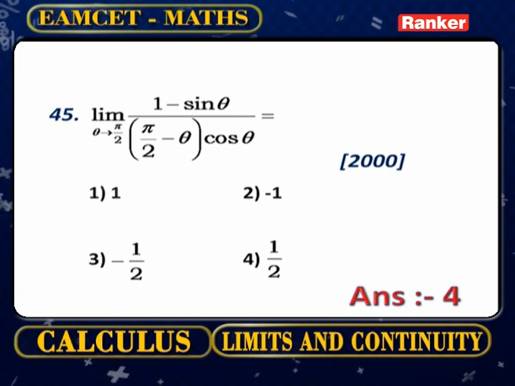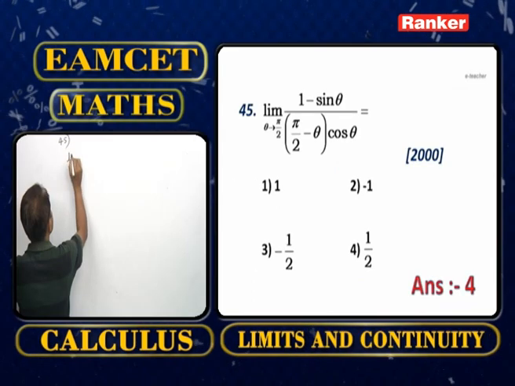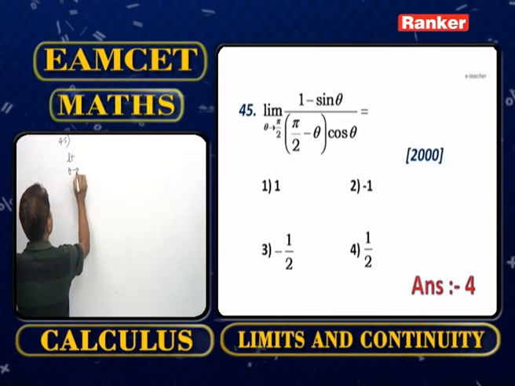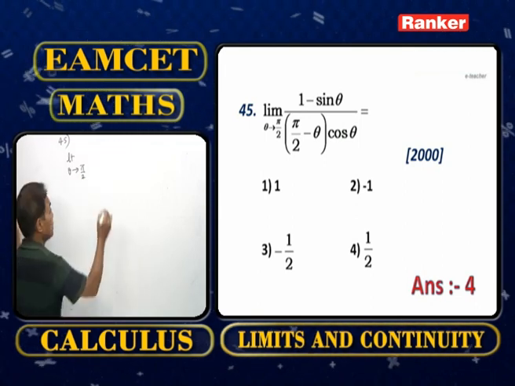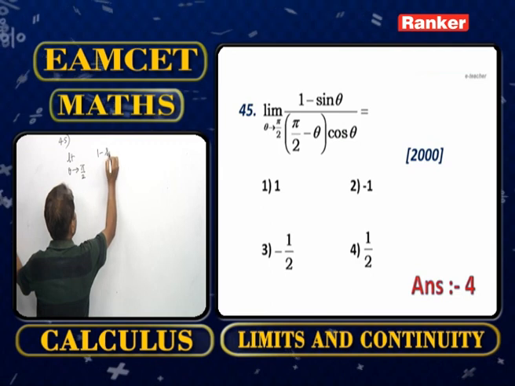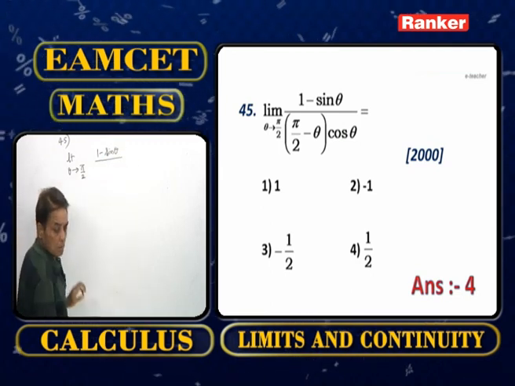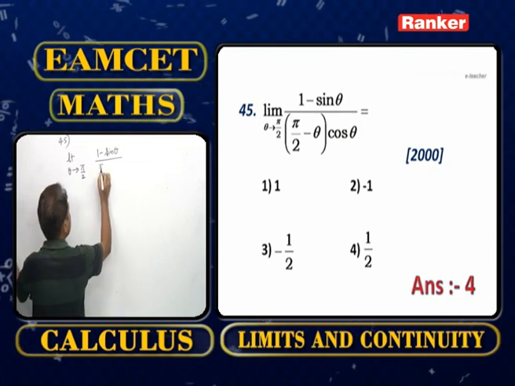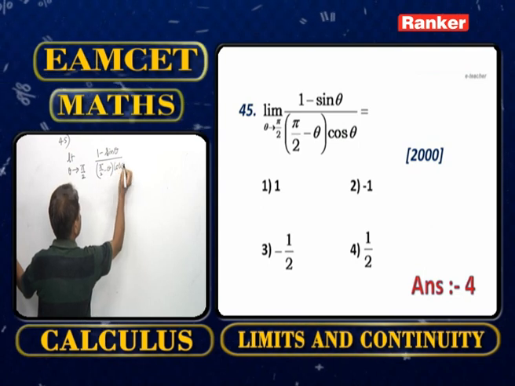Now, question number 45. Limit theta tending to pi by 2, 1 minus sin theta by pi by 2 minus theta into cos theta.